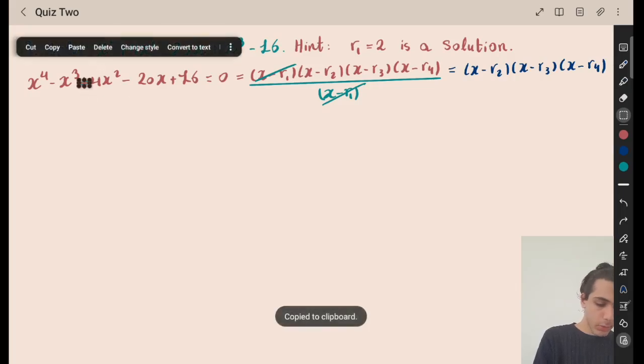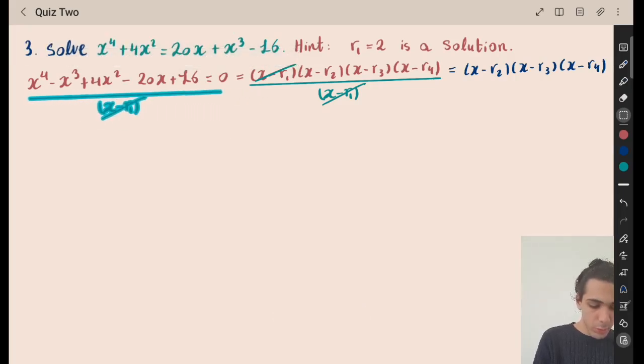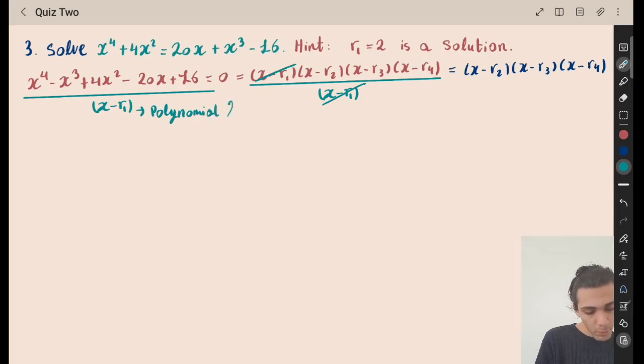Now, let us focus on this polynomial here. We can divide it by x minus r1 using polynomial long division. The idea is to use polynomial long division because we actually don't know any formulas for n is equal to 4.